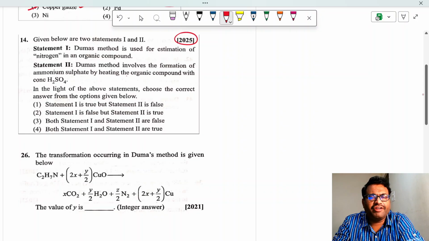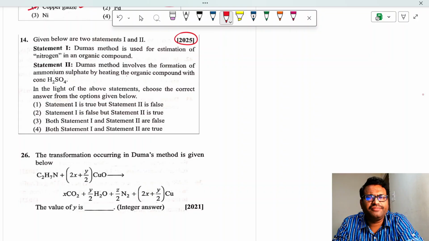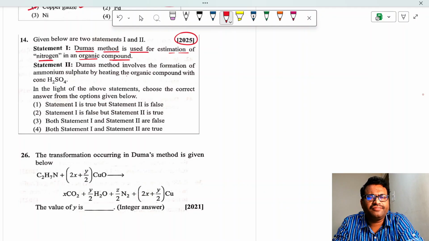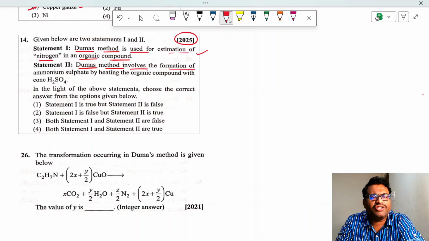Next, asked in 2025, a very recent examination. Statement 1: Dumas method is used for estimation of nitrogen in an organic compound. Yes, correct. Statement 2: Dumas method involves the formation of ammonium sulfate by heating the organic compound with H2SO4.